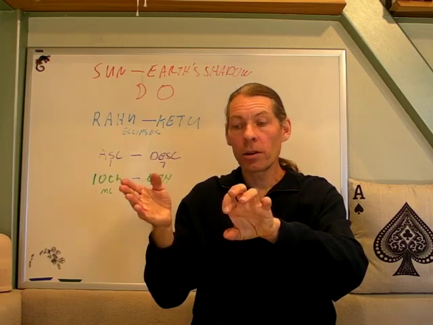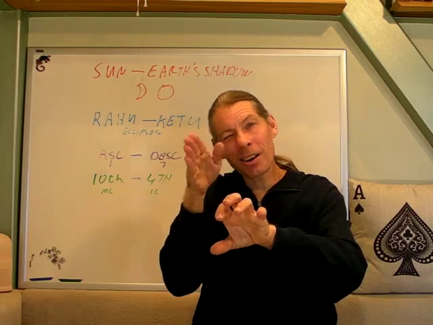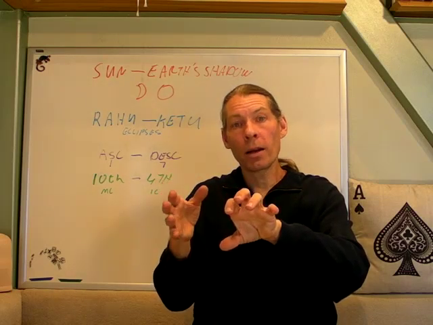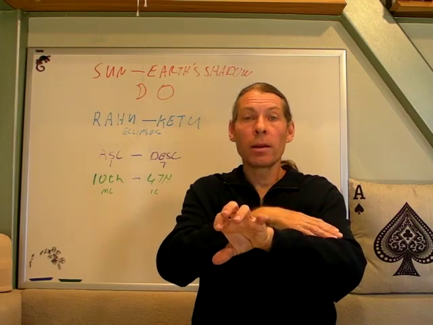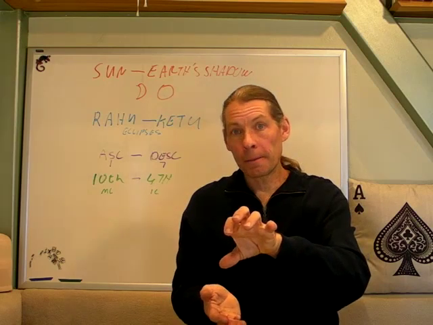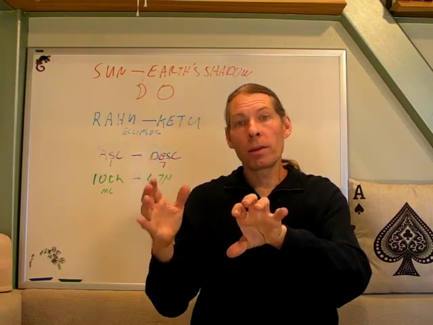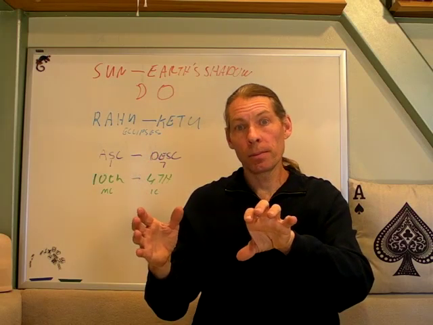Okay? So there's no moonlight hitting anything. The minute the moon starts being seen, at that moment, it's shining more light on the Earth, more light on the Earth's shadow, than all the other planets combined. Okay? So the majority of the light that the Earth's shadow gets is from the moon.